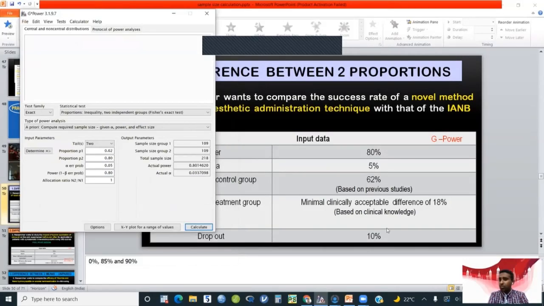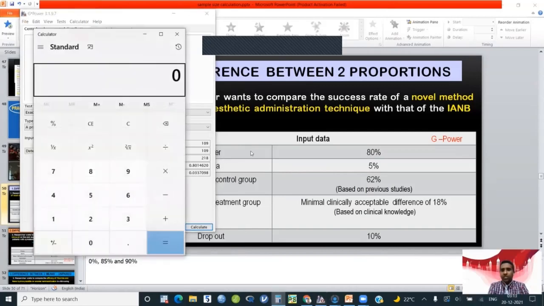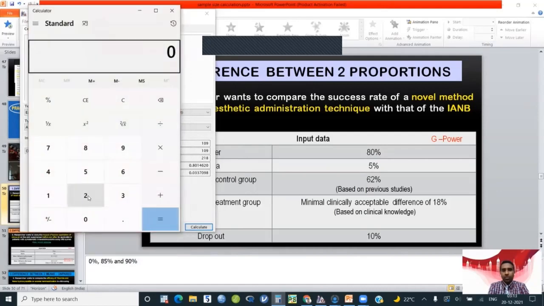Now you have to account for a dropout of 10%. Unfortunately, this software does not have the allowance to adjust for the dropout. So let us calculate it manually. Open the calculator. Total sample size is 218. The dropout rate is 10%, so the respondent rate is 90%.